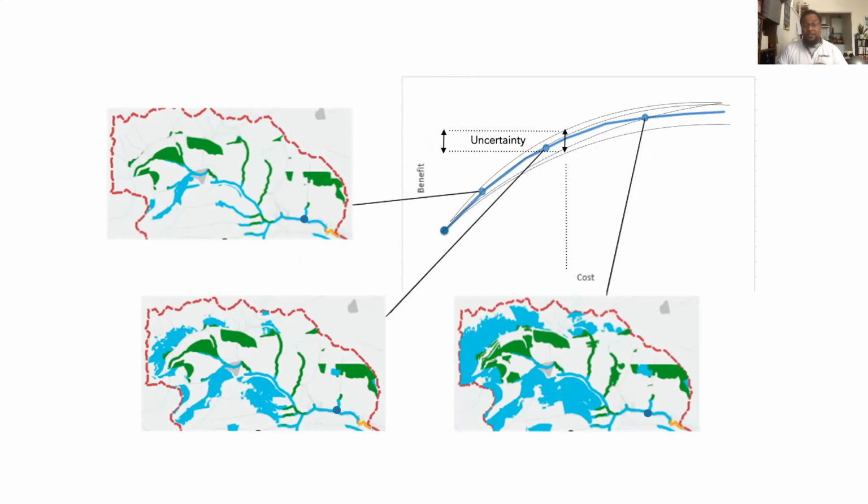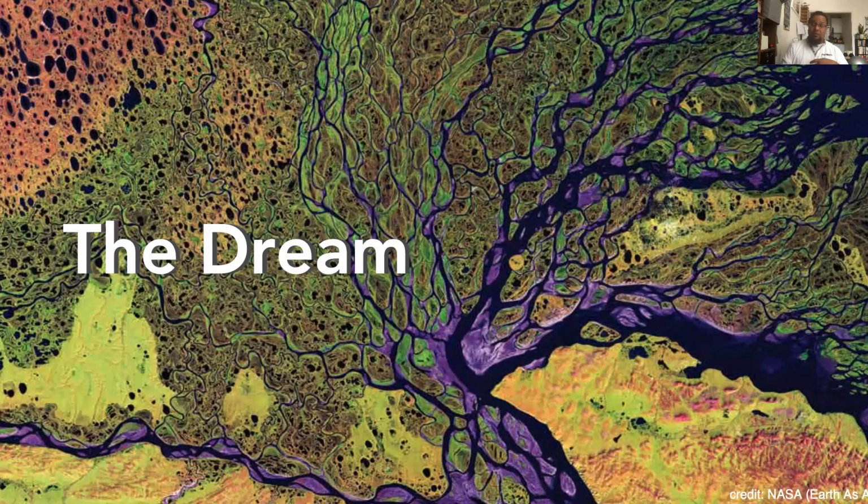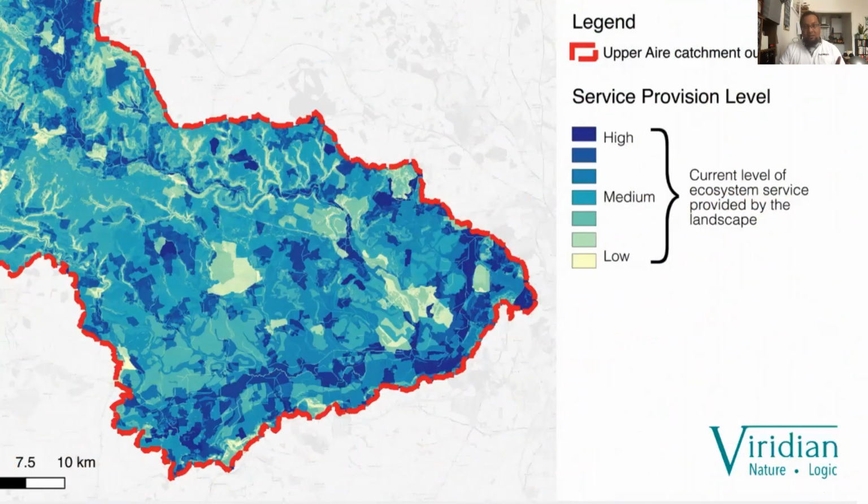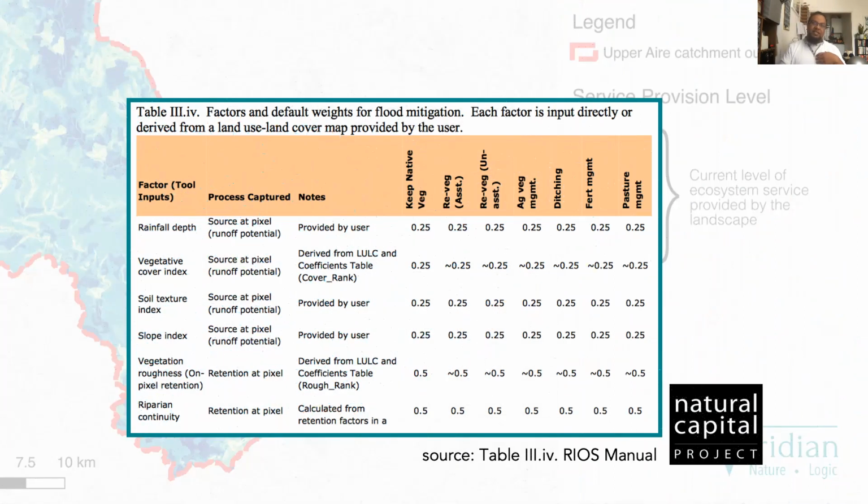Now, the dream is to really overhaul the whole mechanism. So much of the work of the Natural Capital Project has been great, and it's allowed us to come up with this way of solving the problems caused by climate change by also producing solutions which combat climate change. There are some things in there which are just academic guesswork. The Natural Capital Project, WWF, Stanford, and University of Minnesota provide weightings for the factors going in.